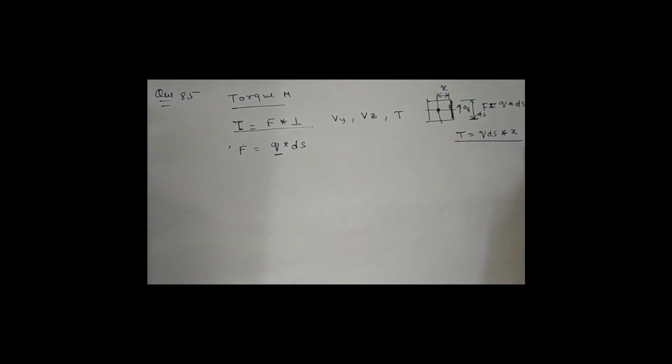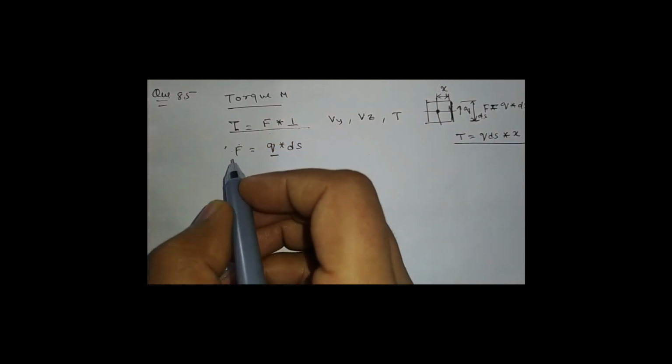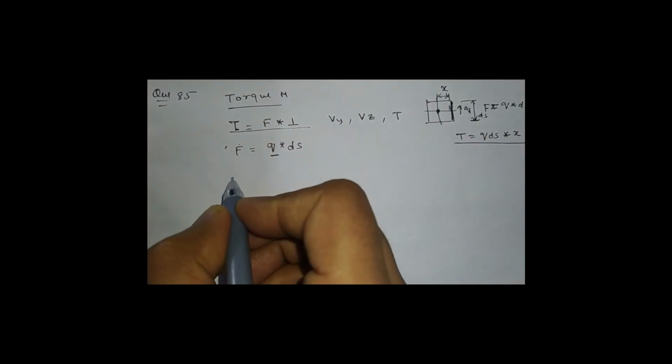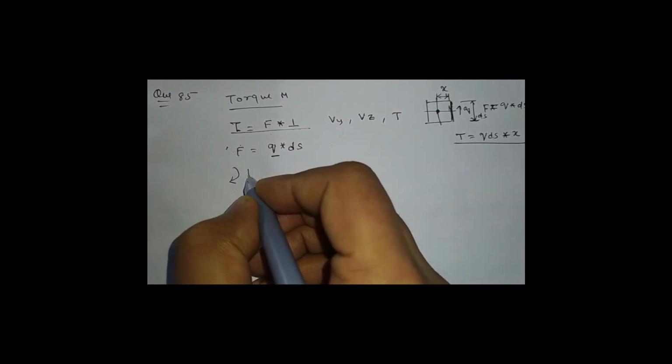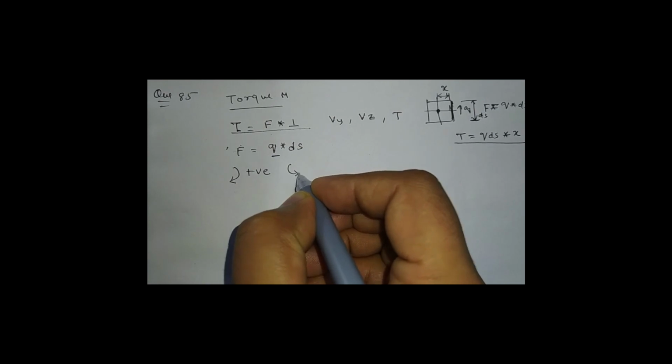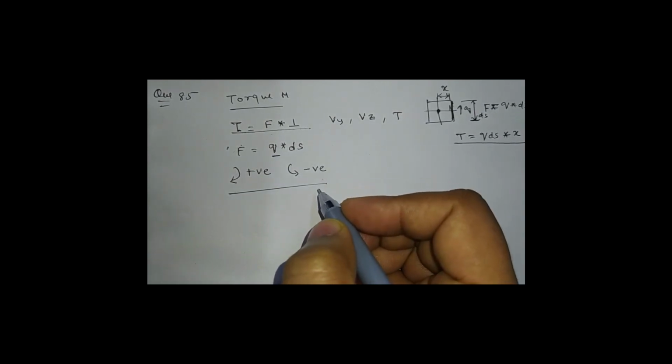In this way we are going to solve for the torque. So you know that we are taking one direction positive and the other negative as the sign convention.